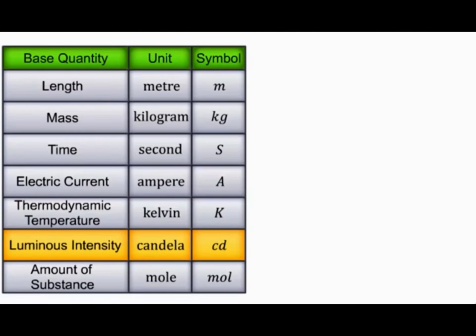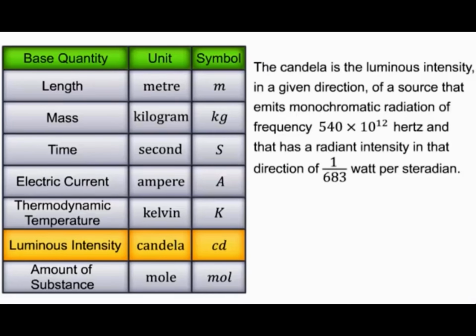A candela is the luminous intensity in a given direction of a source that emits monochromatic radiation of frequency 540 times 10 power 12 Hz, and that has a radiant intensity in that direction of 1/683 watt per steradian.